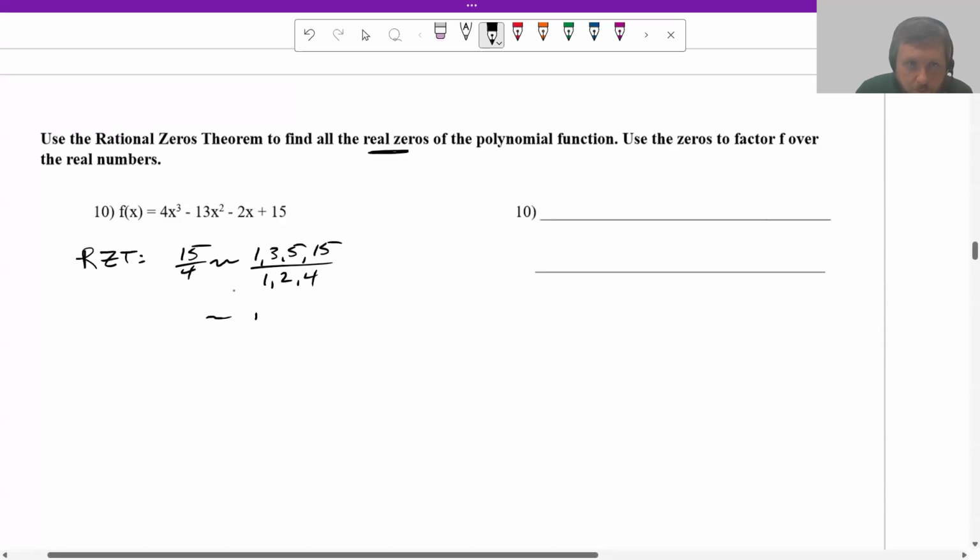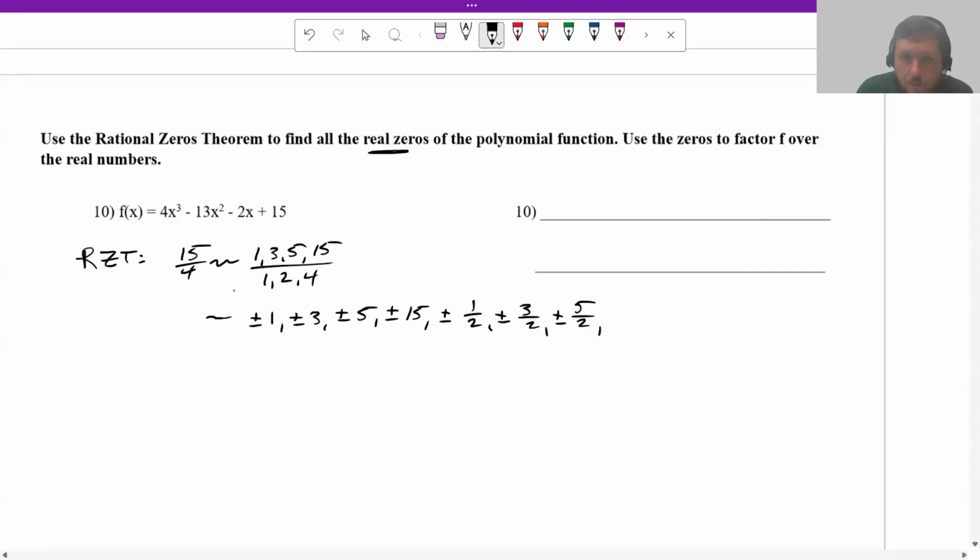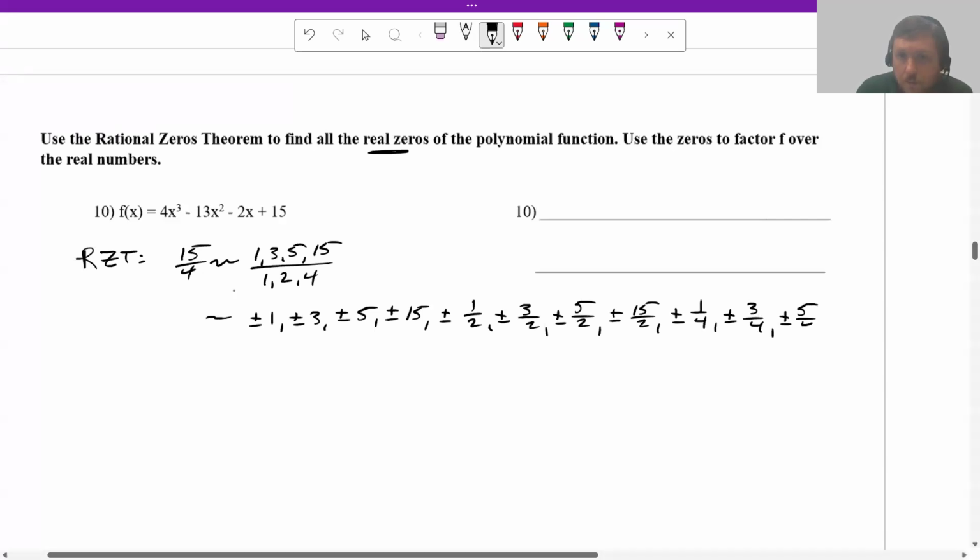So then my guesses are going to be plus or minus 1, plus or minus 3, plus or minus 5, plus or minus 15, plus or minus 1/2, plus or minus 3/2, plus or minus 5/2, plus or minus 15/2, and then dividing by 4, plus or minus 1/4, plus or minus 3/4, plus or minus 5/4, and plus or minus 15/4.